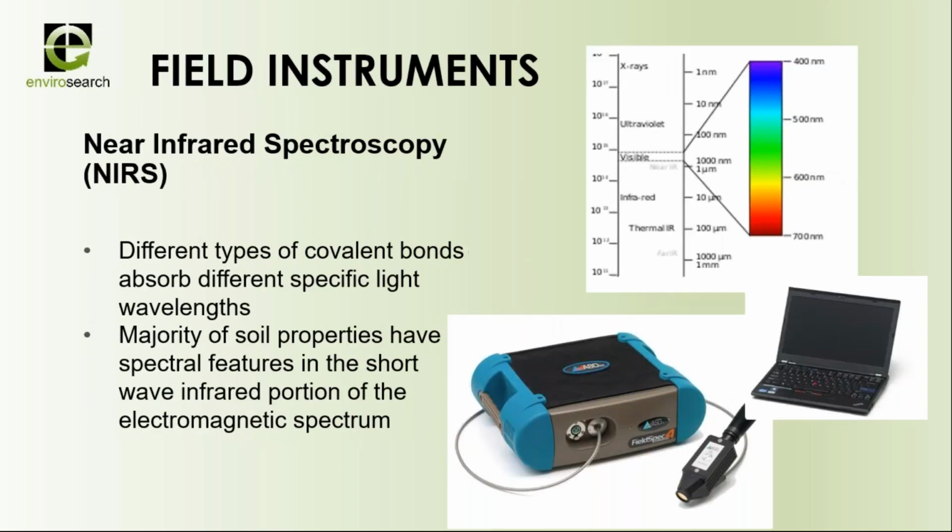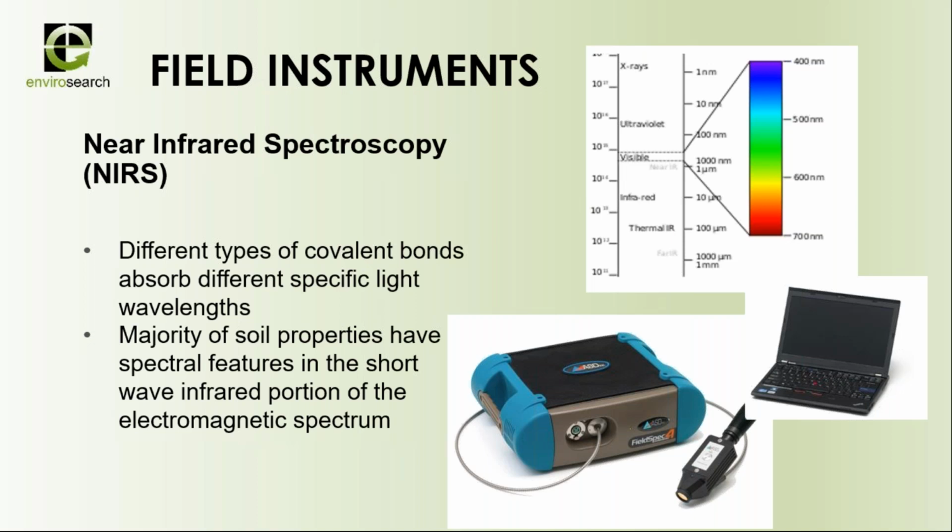The second technology is one where there has been scientific literature for at least 20 years, if not 30, on the use of near-infrared reflectance spectroscopy for measuring carbon or hydrocarbons in soil samples. The fundamentals are that different types of covalent bonds absorb different light wavelengths preferentially.